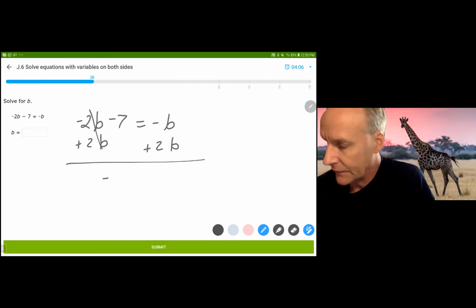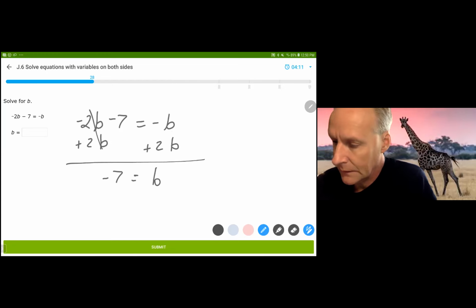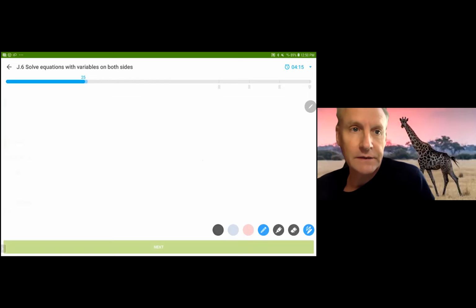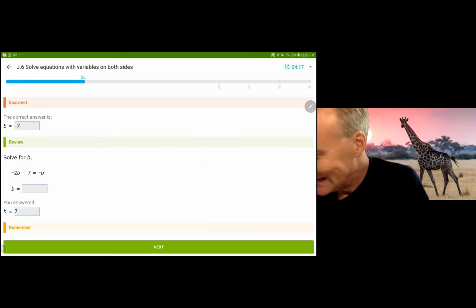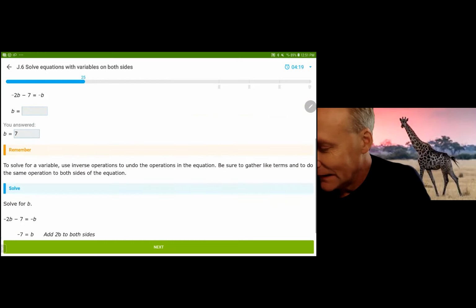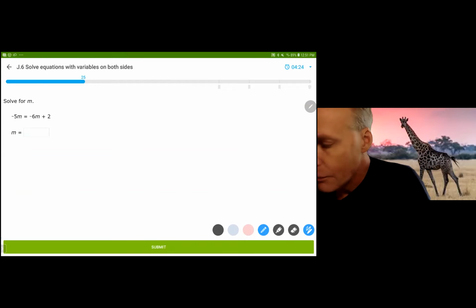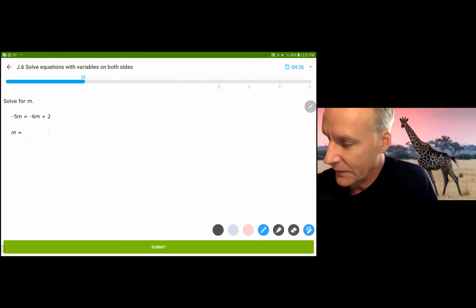And we get negative 7 is equal to 1b, all by itself. So b is 7. Negative 7. Sorry about that. Negative 7 would be the answer for that one. I always want to make sure I miss one after all.